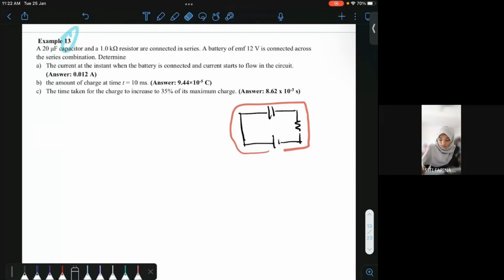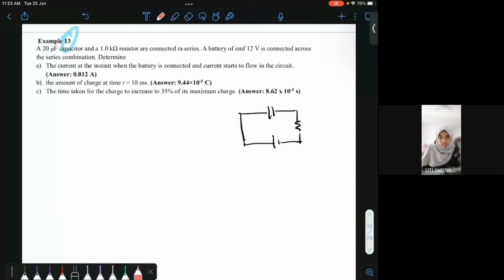Tak ada junction. Okay. Ini bukan junction. Junction dia memang bila dia jumpa dia kena ada lebih daripada satu laluan. Dekat sini tidak. Jumpa satu je laluan. So ini bukan junction. Okay. Determine the current at the instant when the battery is connected and the current start to flow in the circuit.